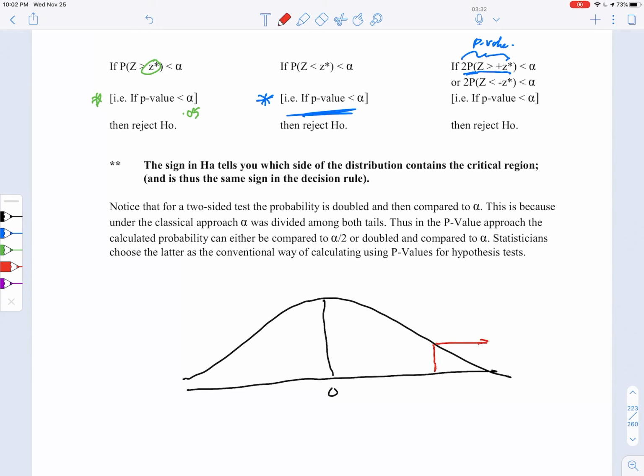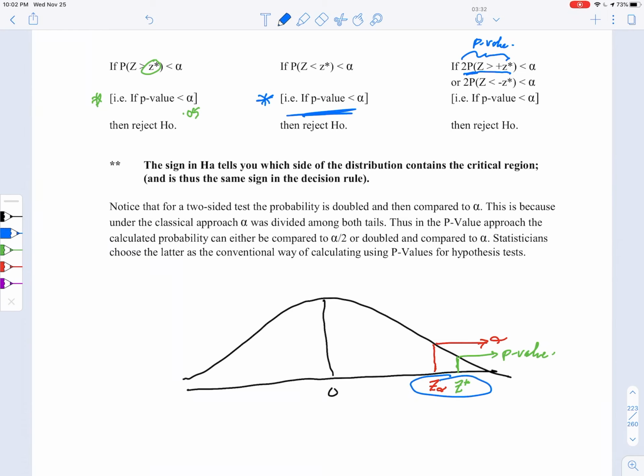Okay, so this is a z or a t. In a classical approach, what we do is we find an area associated with alpha. So this would be a Z alpha value, or it could be a T alpha value. And then what we do is we find a Z star or a T star value, and it's actually associated with a p-value.